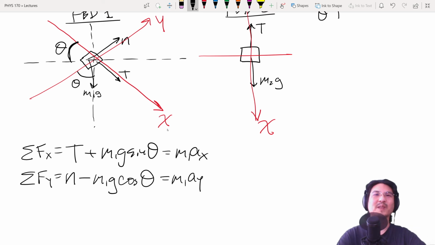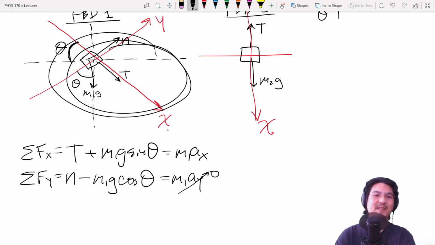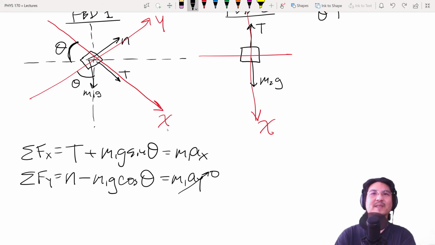Before going any further, I purposely picked my x-axis going this way because now there's no motion at all in the y direction, because it's only moving in the x direction. If there's no motion in y, for sure a_y is 0. Not always, just because of the way I picked my coordinates. So I feel like that was clever because I could cross this out.